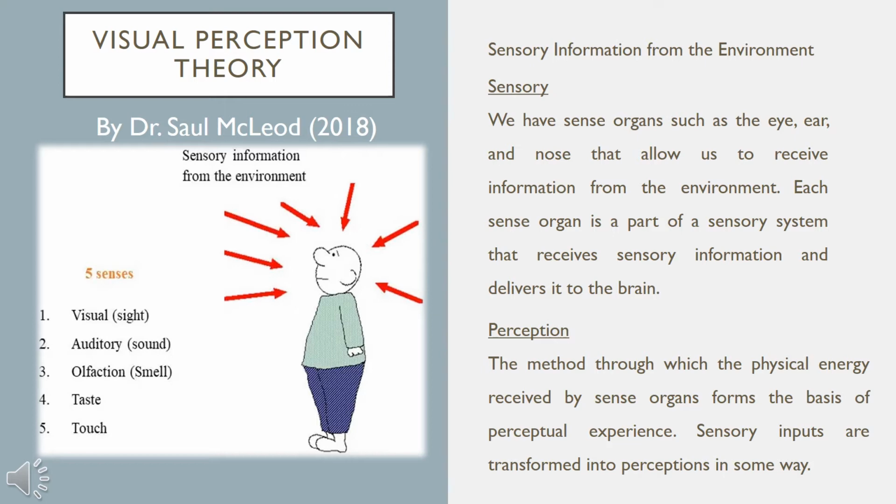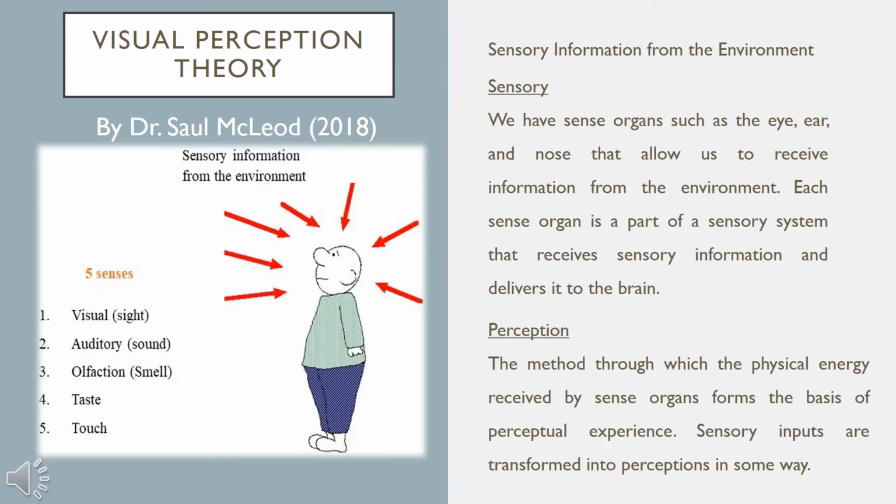Each sense organ is a part of a sensory system that receives sensory information and delivers it to the brain. In this topic, we use the sense of the eyes. All the people who take part in the optical illusion test see two gray squares in figure 1, while in figure 2, it is gray and white.